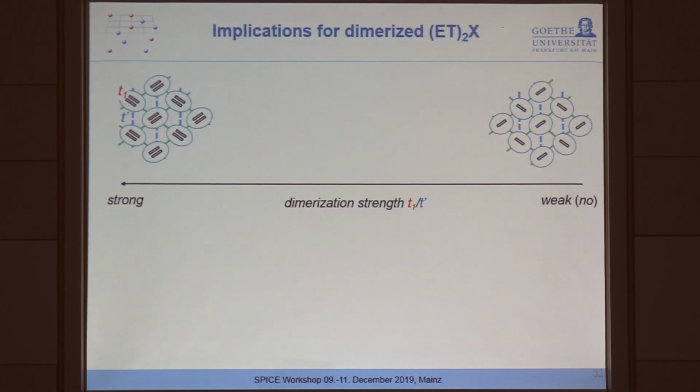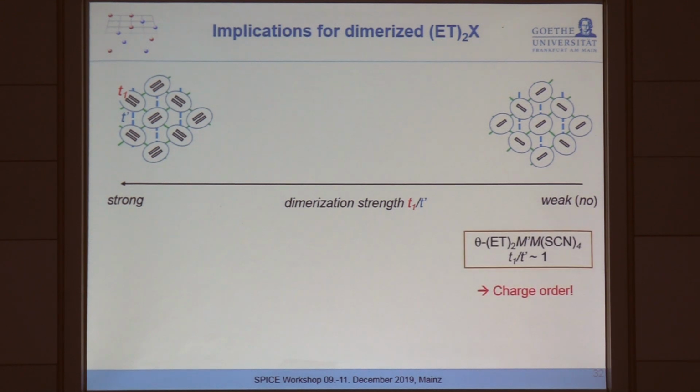So when we want to discuss these observations in terms of dimerized ET2X materials, we can parameterize the strength of the dimerization by this ratio t1, the intradimer hopping, versus t prime, the interdimer hopping. So when we are here on the left-hand side, the limit of weak or no dimerization, then charge order is expected.